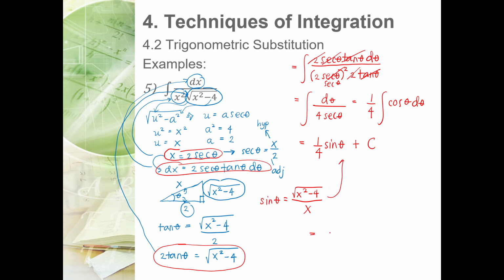So the answer is 1/4 times, let's take it step by step so you can see. You will all get 4 because the 2 squared comes from the 2, right? And the secant is just one because we canceled out 1 secant above.